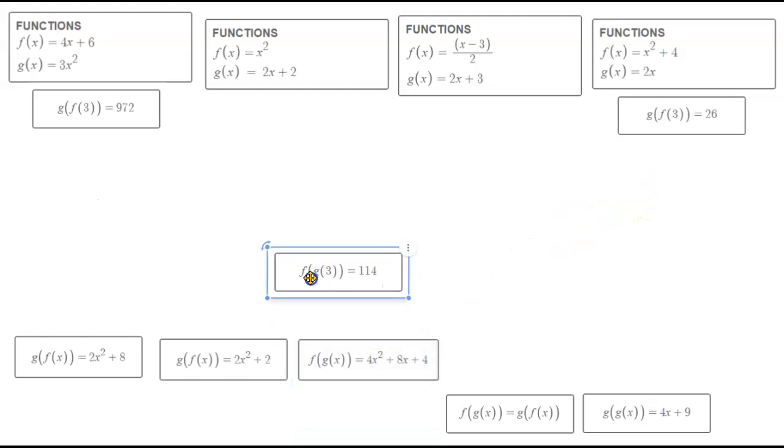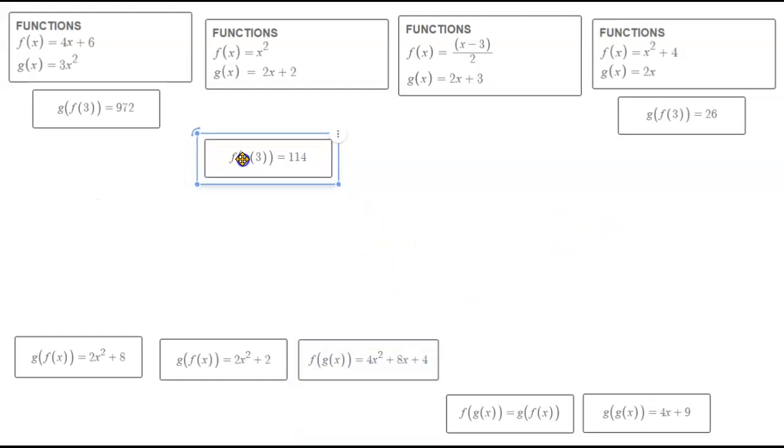Now, I'm going to try this guy here, 114. F of g of 3. So I'm going to take 3 and plug it into the g function and see which one works.